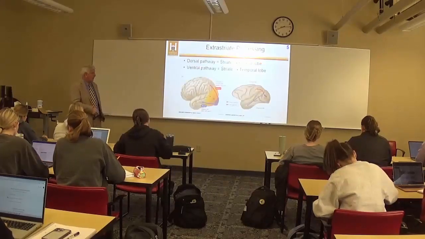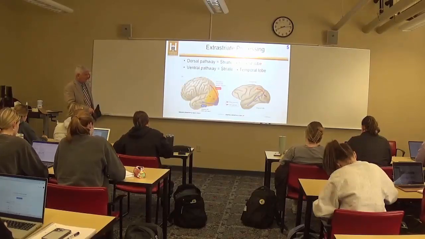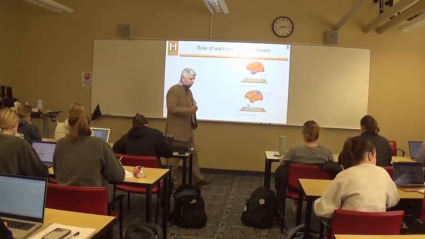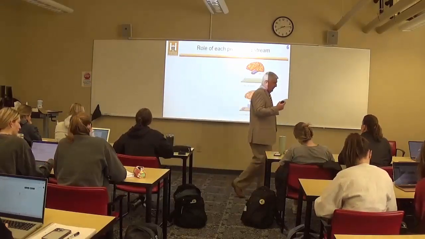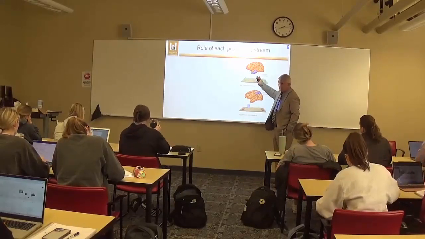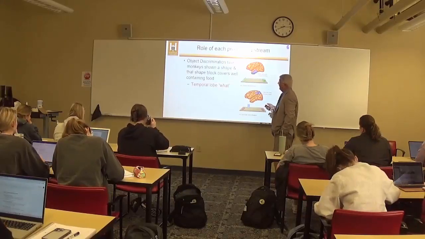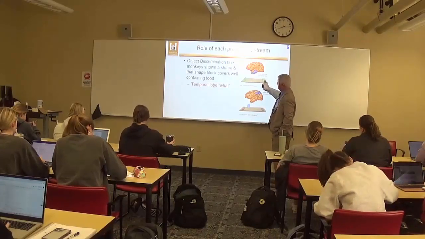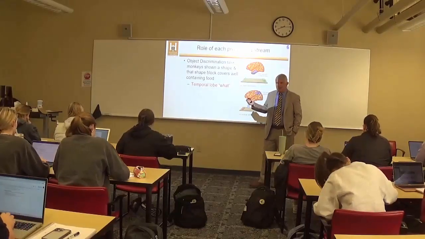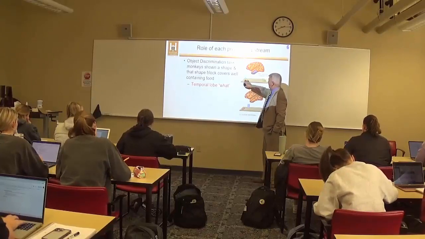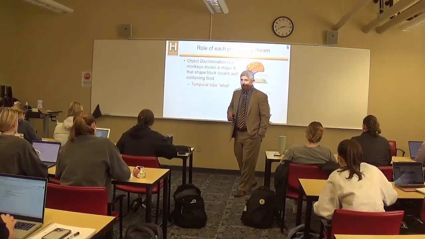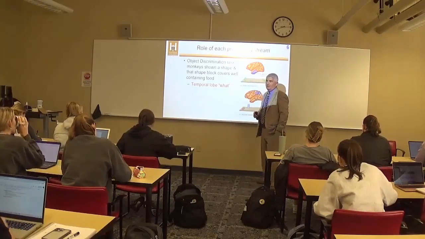The reason it was called a where and what pathway to begin with was it was originally discovered in research many years ago with primates, that if you remove part of the temporal lobe, so if you give a monkey a task of discriminating between a square and a triangle, so you put a piece of food under the triangle, there's a little well under each of those, and the monkey learns, hey, the triangle is the cue of where the food is, and you randomly go back and forth putting it there.